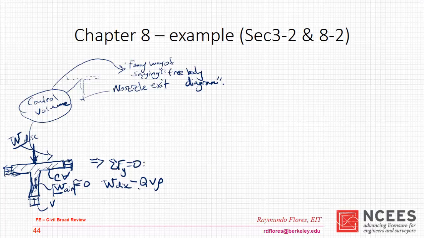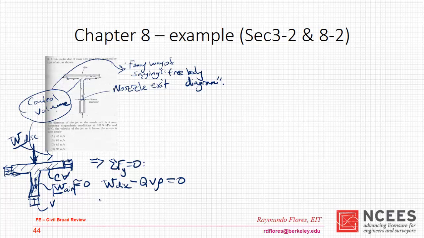And this is the area of the location right here at the nozzle exit. So what we have here is V squared A rho air.